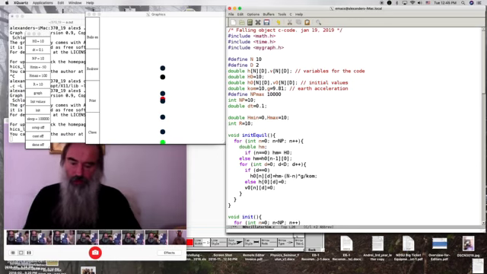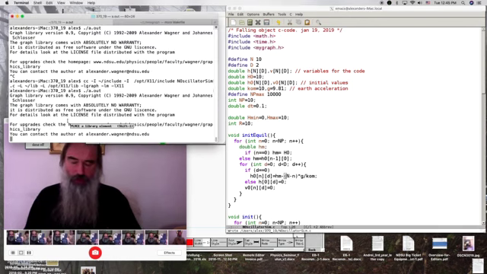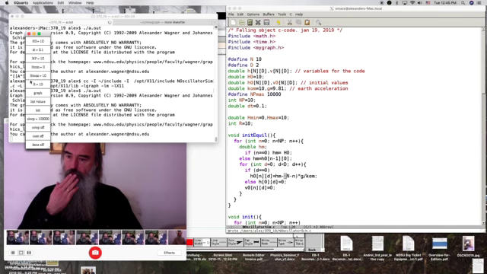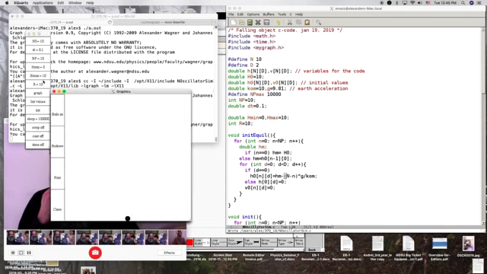Let's do a minus here. See if that will set them in the original position. Graph. So this is now what they're doing.